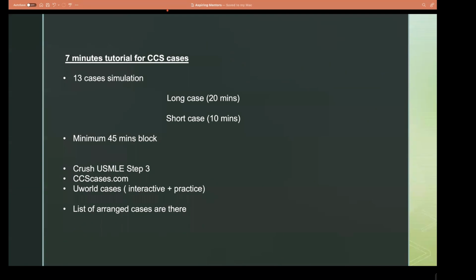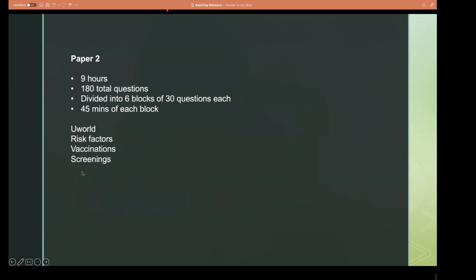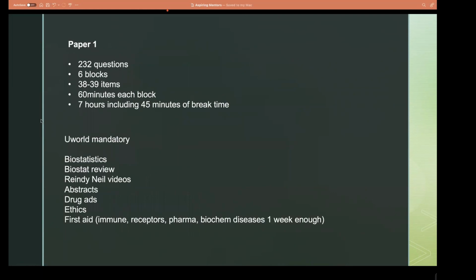And then I did the biostat review, as I told you, the biostat review in UWorld, which is similar to Step 1, 75 questions. You can just practice the questions, and then if you are weak in any topic or you are getting it wrong, like attributable risk, I always got it wrong.